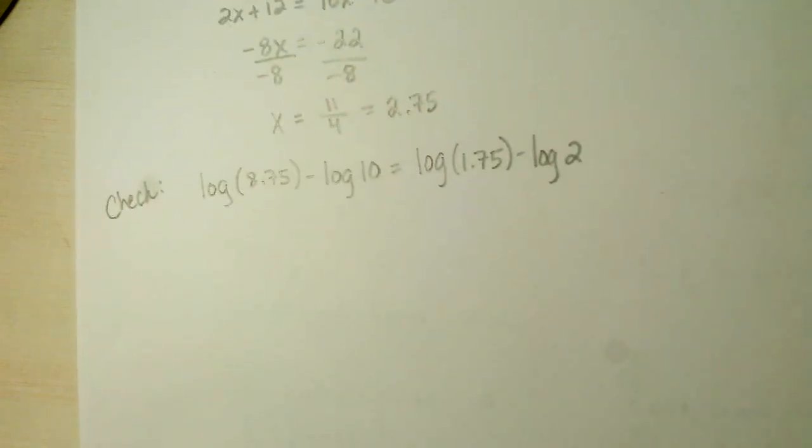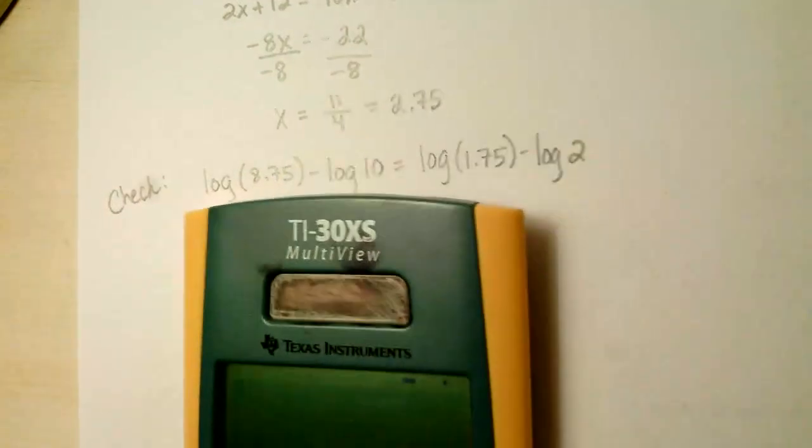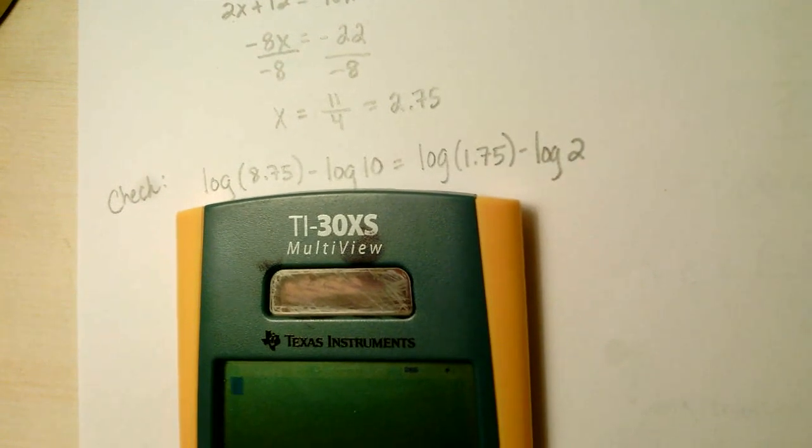So now I am going to my calculator. I want to see if log, which is nice because I have the log button, of 8.75 minus log of 10, if the left-hand side is equal to the right-hand side.